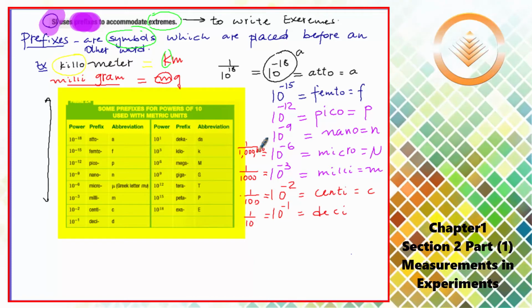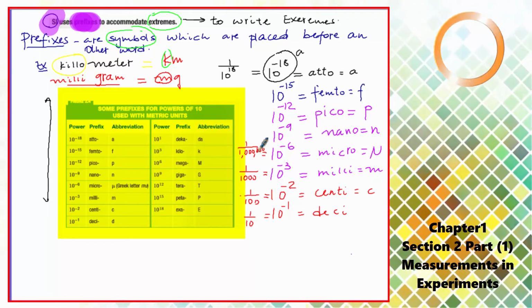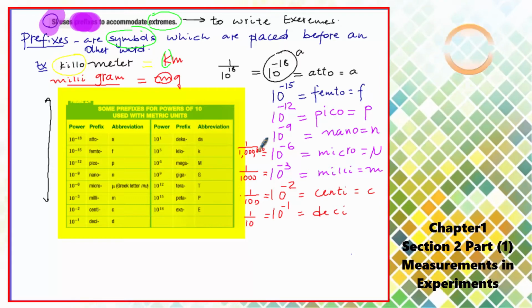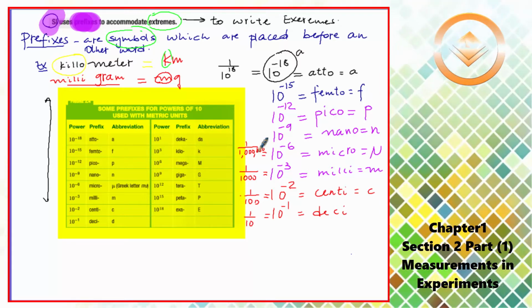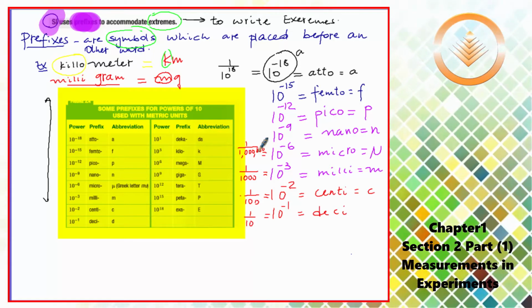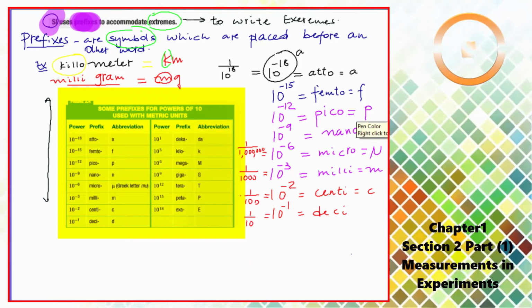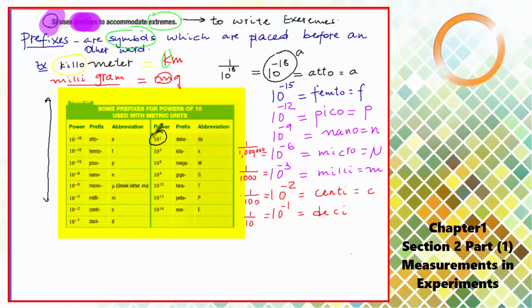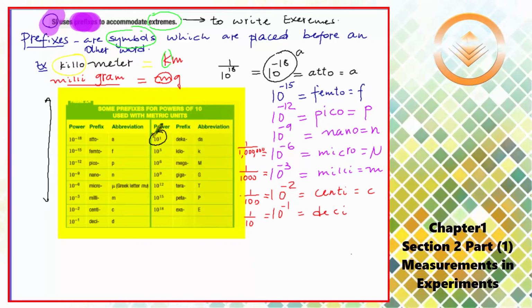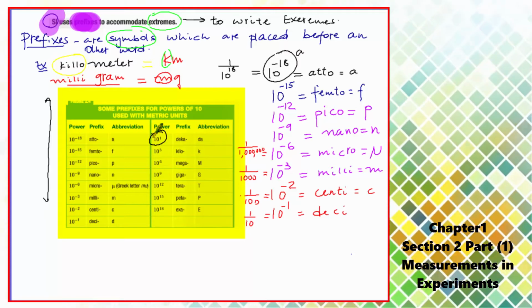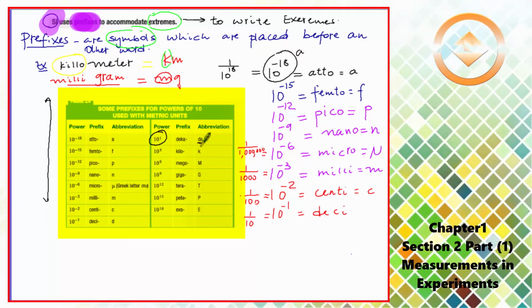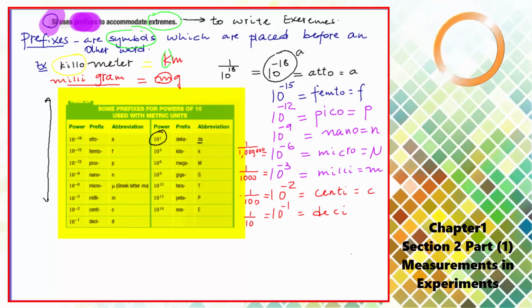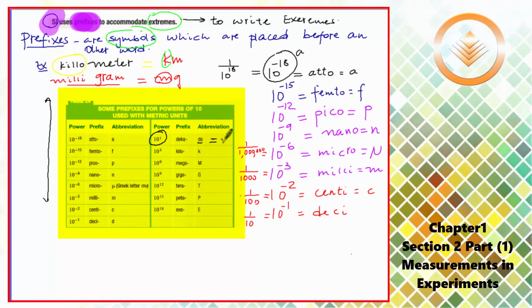And there are also prefixes with positive exponents. For example, when the exponent is 1, it is 10 to the power of 1, which is called deca, and it's shortly written as da. 10 to the power of 1 is the same as 10.